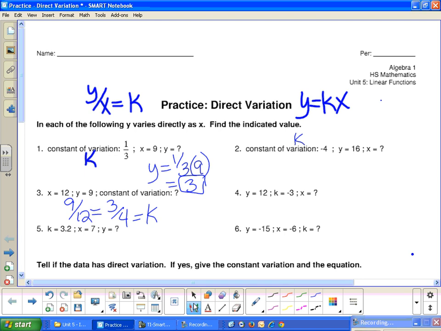It's asking for k. Another way to say constant variation is your rate of change. Because if we're thinking about our example with the money and the movie, your rate of change is $8. It's changing by $8 every time you add a person.